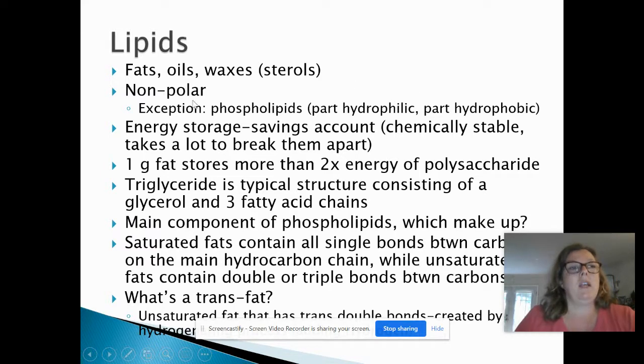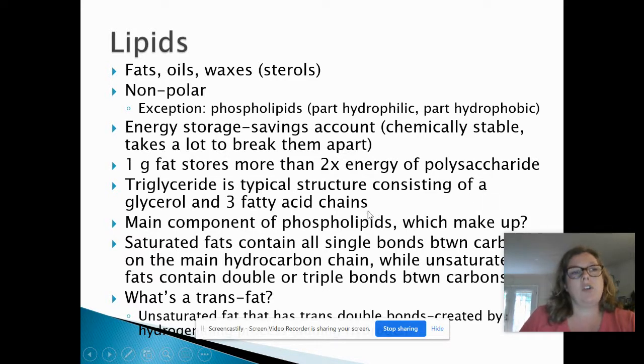That's a lipid. These are all nonpolar. The exceptions are phospholipids, which we'll get to in a later presentation. But where the carbohydrates are like your energy checking account, these are your energy savings account. 1 gram of fat stores 2 times more energy than a gram of polysaccharide.